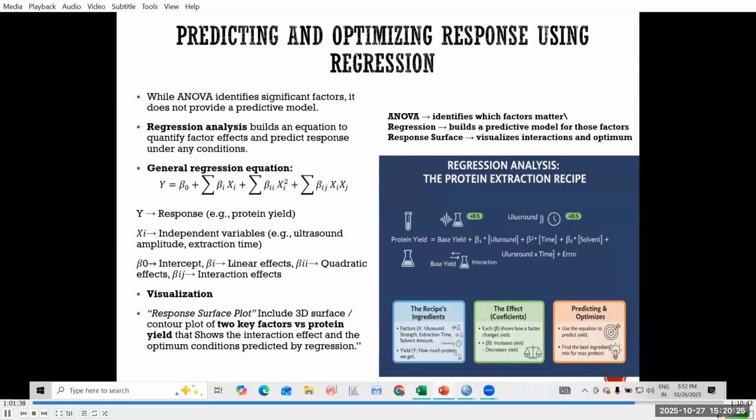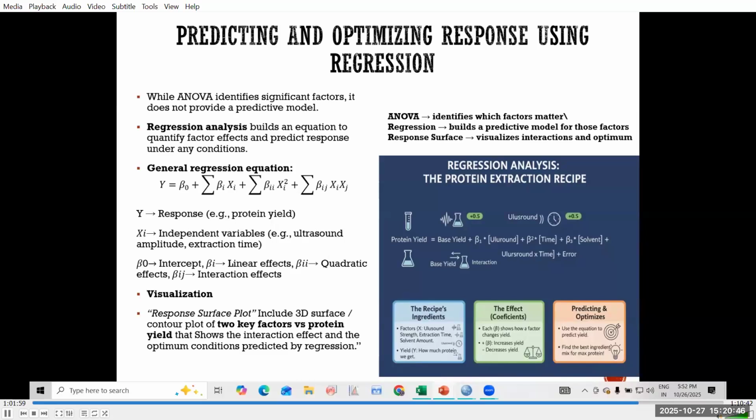maximum output. So ANOVA tells us what is significant, while regression quantifies the effect, and the response surface visualization shows where the optimum results lie.